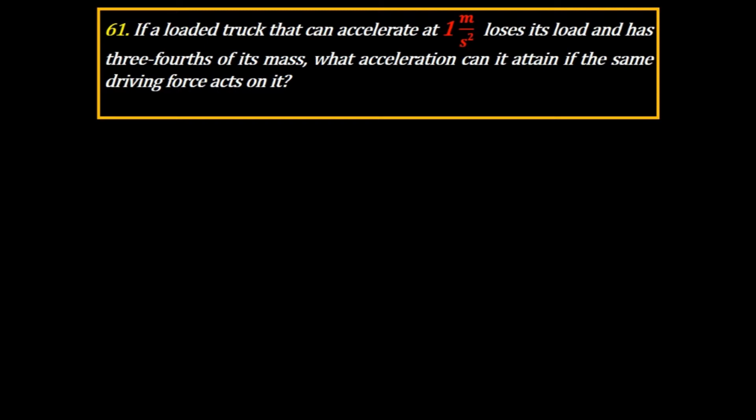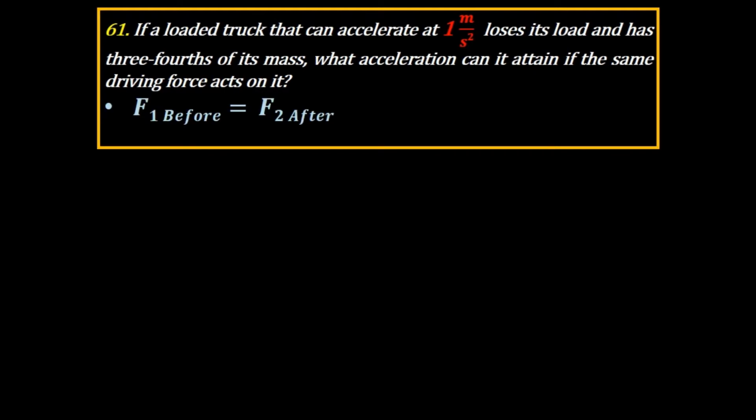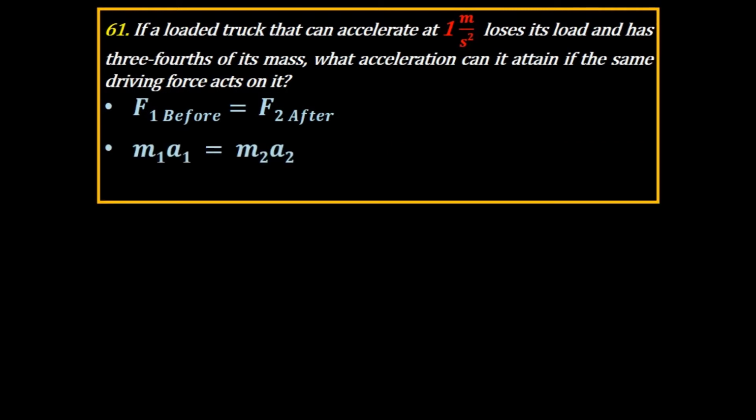If a loaded truck can accelerate at 1 meter per second squared, it loses its load and has 3/4 of its mass left over. So what acceleration can it attain if the same driving force acts on it? So the same driving force is going to act on it. This is going to be a little bit more complicated, but we're going to go through this very quickly. F1 is before, F2 is after. So it's going to be M1 A1 equals M2 A2.